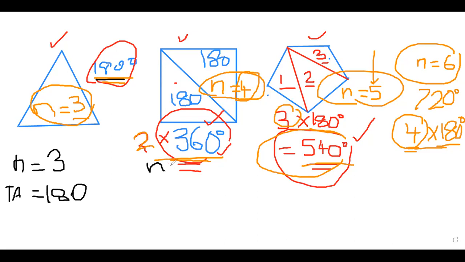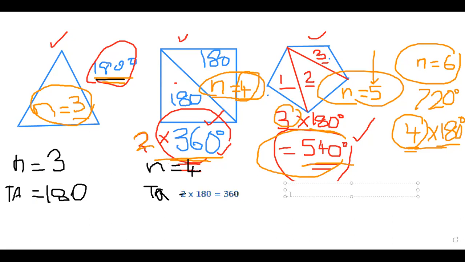When n is equivalent to 4, your total angle is going to be, I'm going to type it out, 2 times 180, and that gives you 360 degrees.